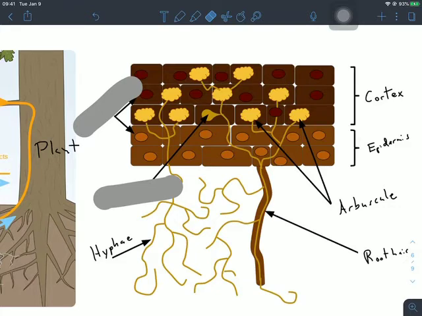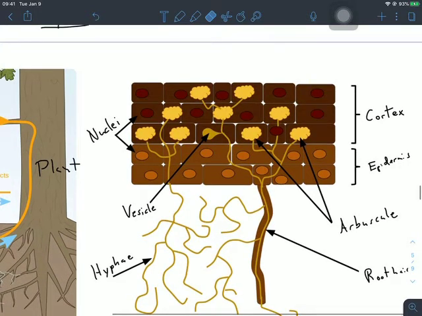So the fungus is now literally setting up a trading post inside of the cortex of the plant root. Now, additionally labeled, you'll see nuclei of the cells, the circles, and then you'll see some vesicles, some moving structures inside between the fungus and the plant.